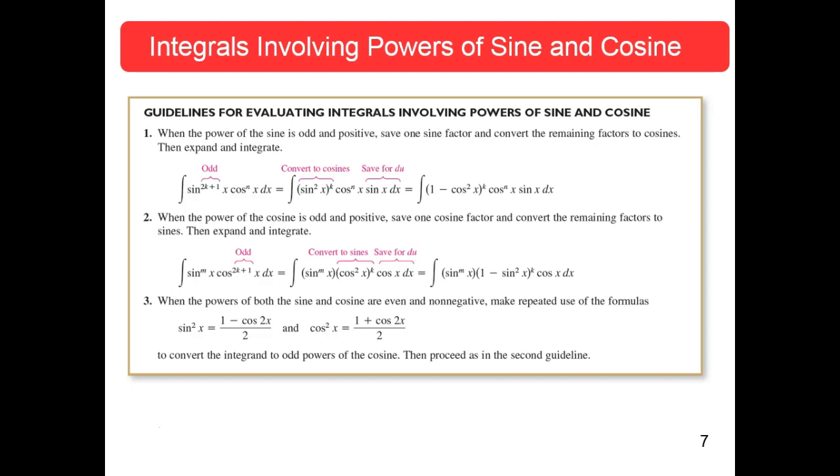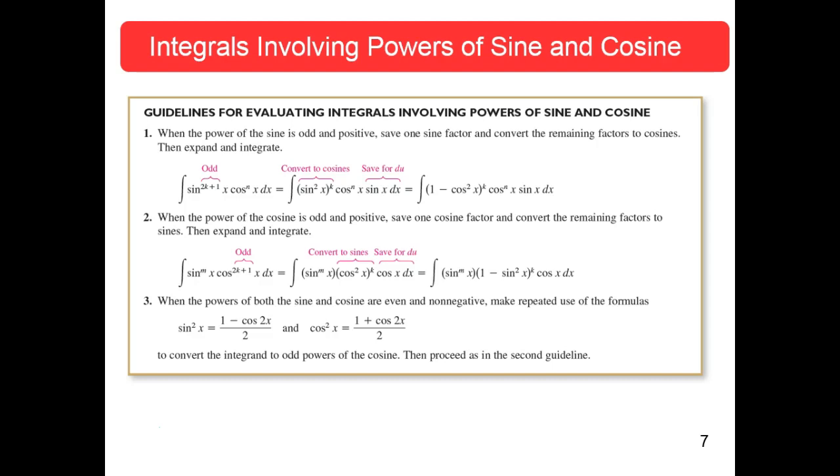How do you do that? If the power of sine is odd and positive, pull out one, and the rest of them are going to be even, right? So if it's squared or fourth or whatever, 1 minus sine squared is cosine squared. So you can change those to cosines.